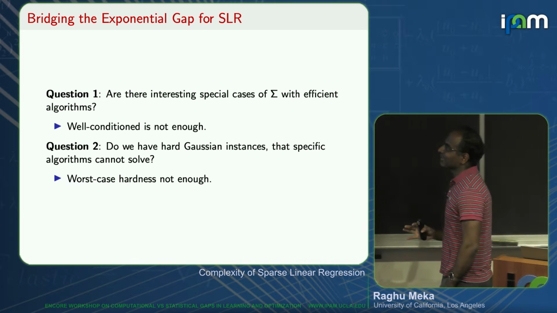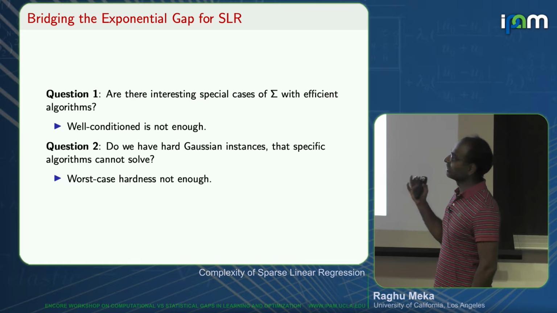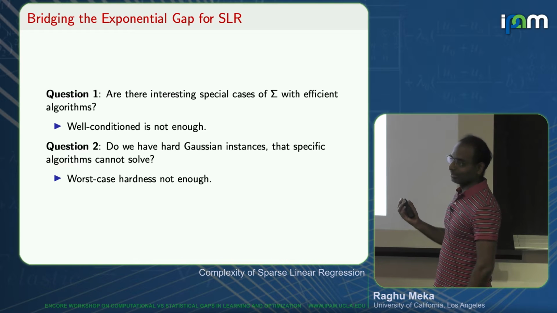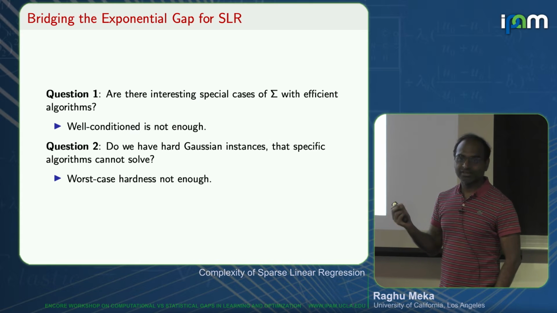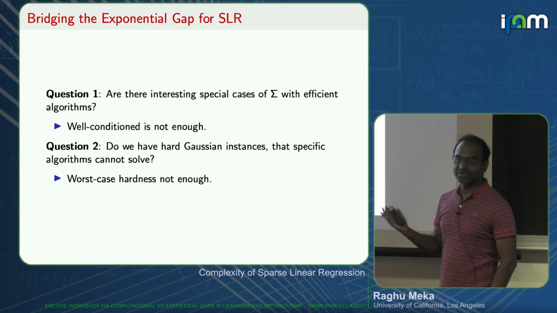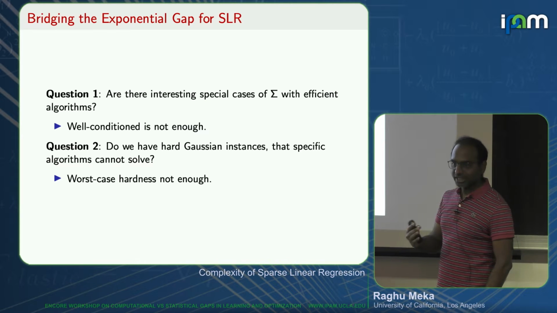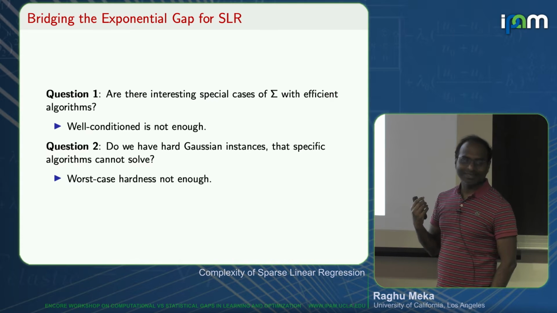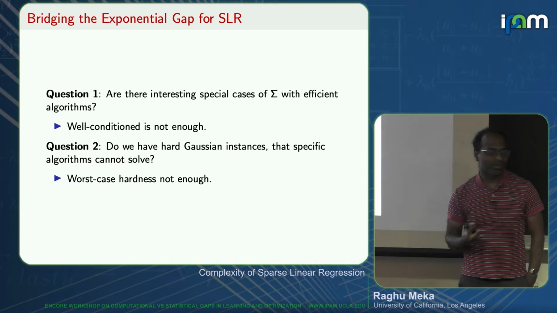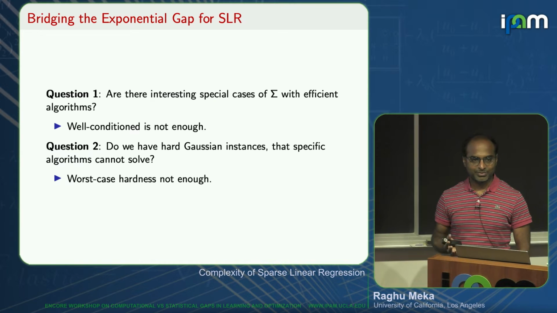To summarize, there's this exponential gap for sparse linear regression in the Gaussian setting, where k log n is the information theoretic limit. Anything little of n, we are hitting the brute force limit for efficient algorithms. So the two main questions are: we are not able to solve the arbitrary sigma cases, so can we find at least interesting cases, going beyond worst case over sigma, where we can get efficient algorithms?